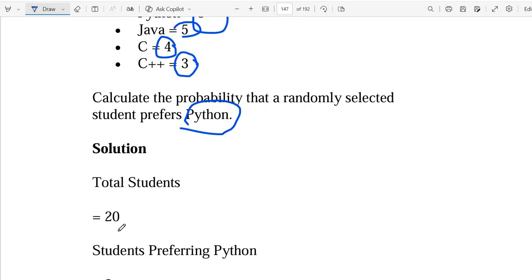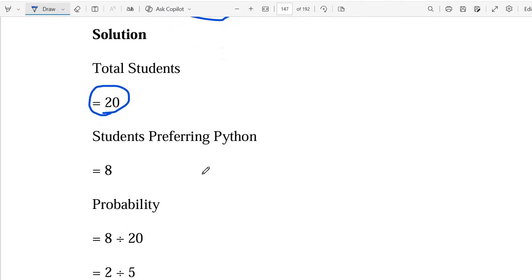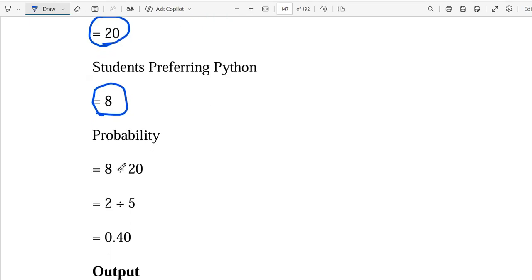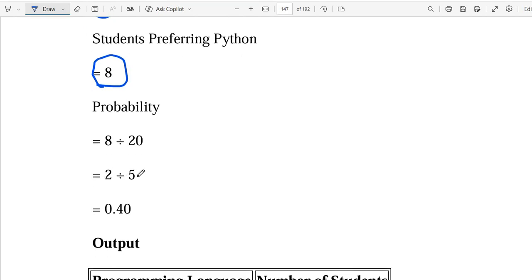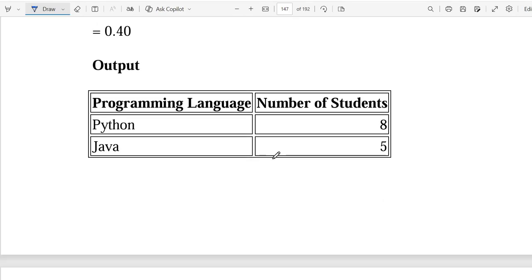So we first find the total number of students. There are a total of 20 students. Now how many students prefer Python? Out of 20, 8 prefer Python. So the probability is 8 upon 20, right? 2 divided by 5, that is 0.40, correct?